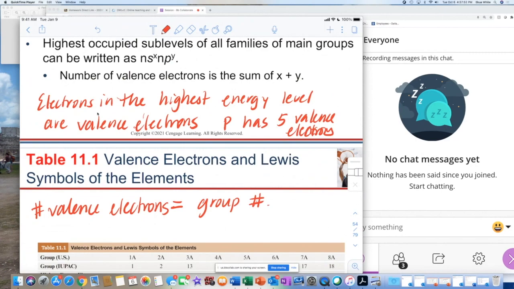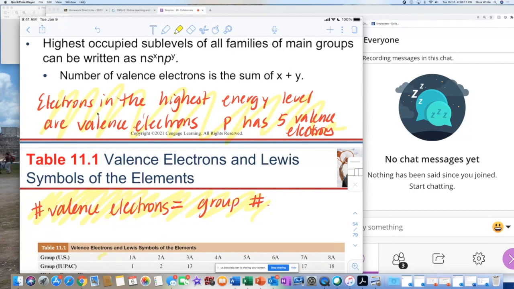Okay? So while we're here, make sure you write this in your notes. It's a very important concept. This is an important concept, and so this part here. These are all important concepts. Number of valence electrons equals group number. Okay? So you could use the group number to figure out the number of valence electrons.